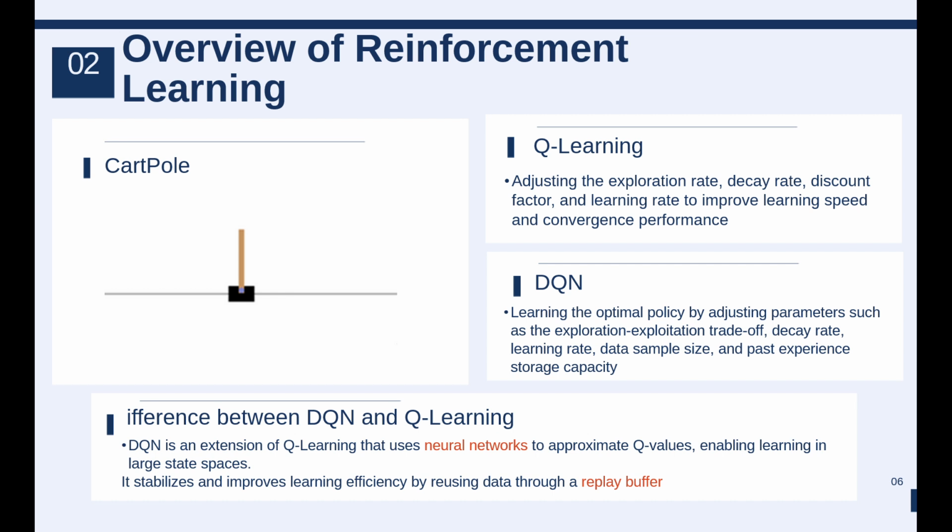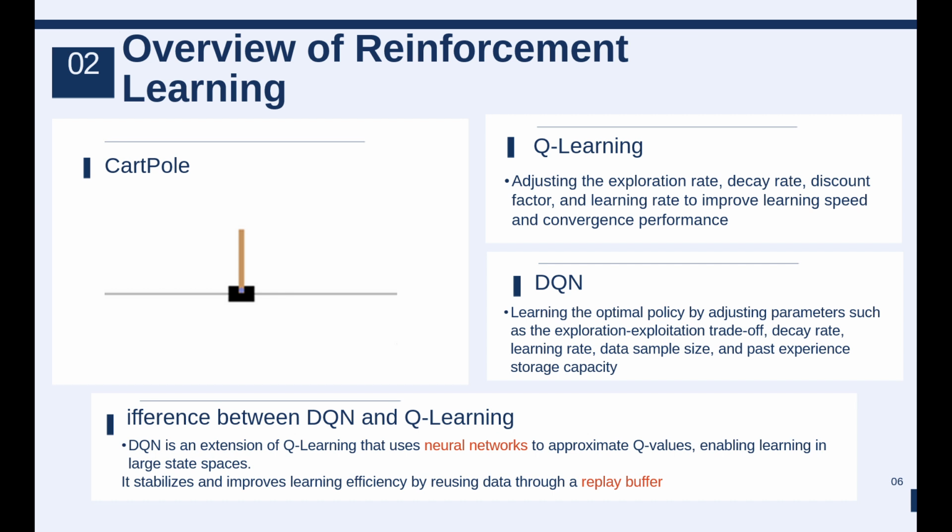Next, I compared the Q-learning and DQN algorithms using a maze example. By adjusting the parameters of each algorithm to keep the agent from falling, the results showed that DQN demonstrated superior performance.